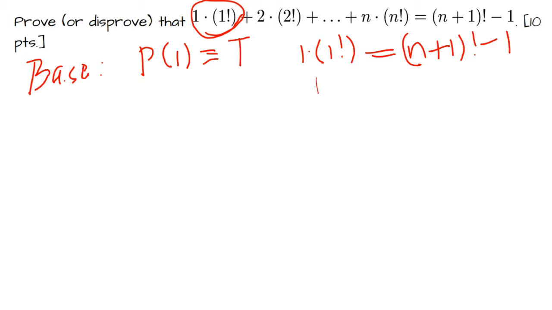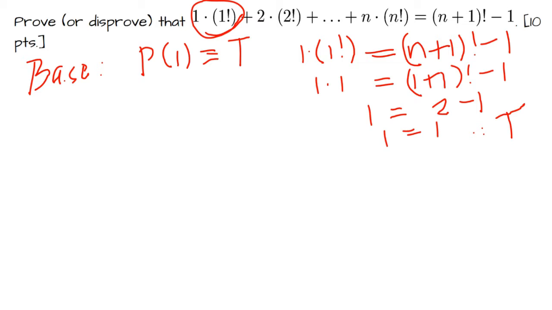So 1 factorial will be 1 times 1, and this will be 1 plus 1 factorial minus 1, so 2 factorial minus 1, which is 2 minus 1 equals 1, and you have 1 equals 1. So therefore the base case holds to be true.